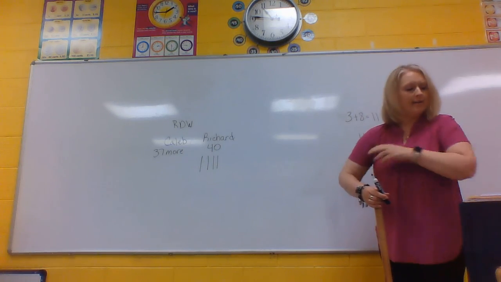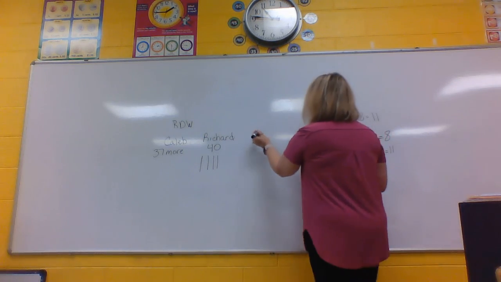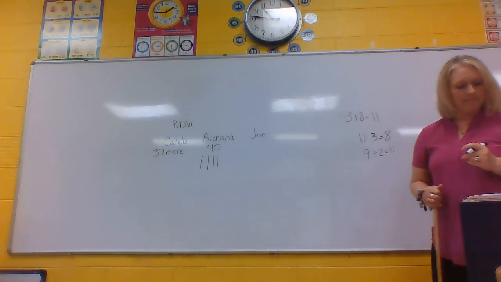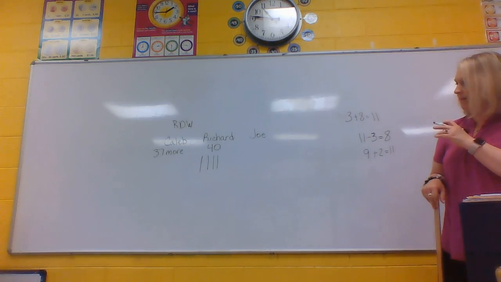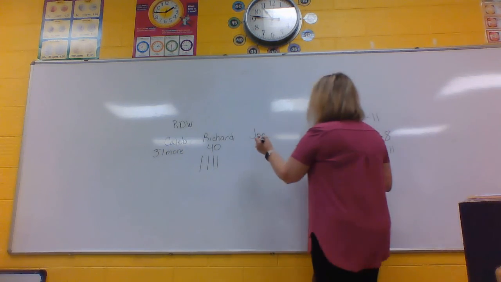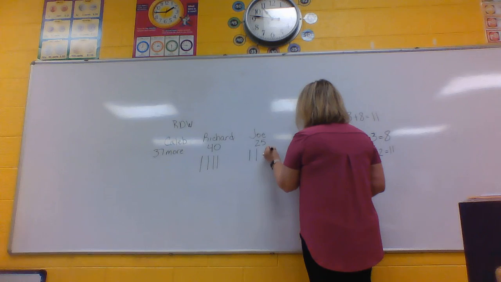Okay. In this word problem we have Caleb, Richard, and Joe. So here's Joe. We're going to talk about Joe here in just a second. Caleb has 37 more pennies than Richard, and Richard has 40 pennies. Joe has 25 pennies. Let's do quick tens. 10, 20, then 1, 2, 3, 4, 5.